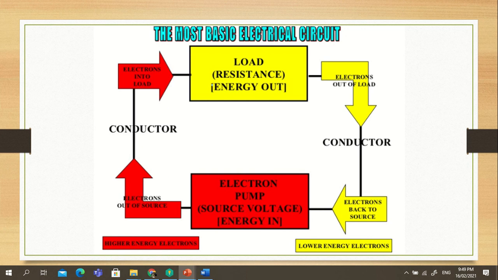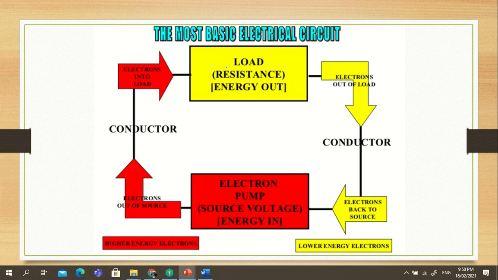This is the flow of the electrons, and this is what we call the circuit. This is a closed circuit. If a circuit is closed, there will be a free flow of the electrons. On this part going to the left are high energy electrons.